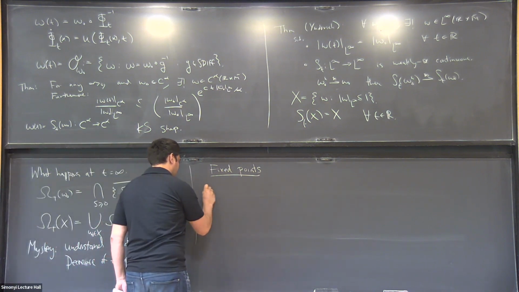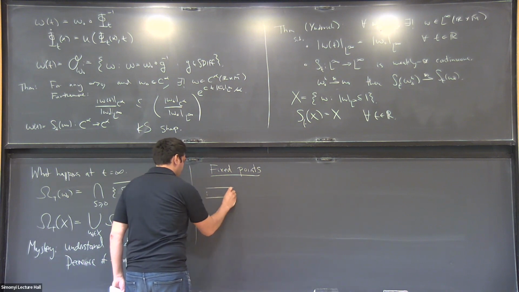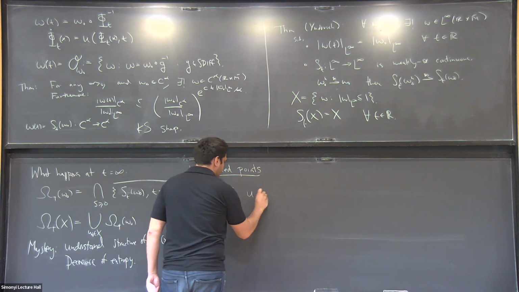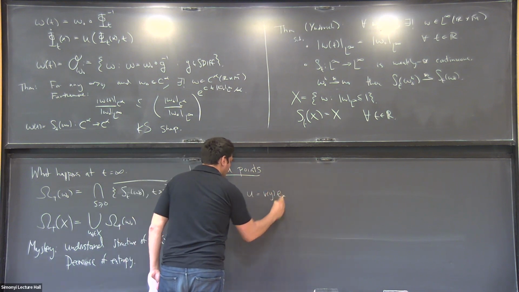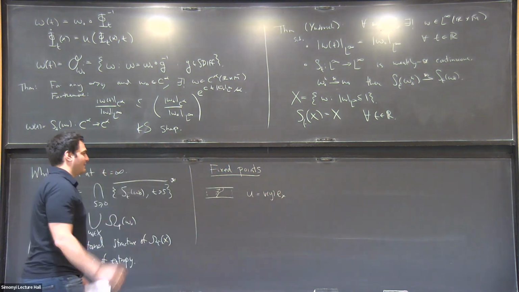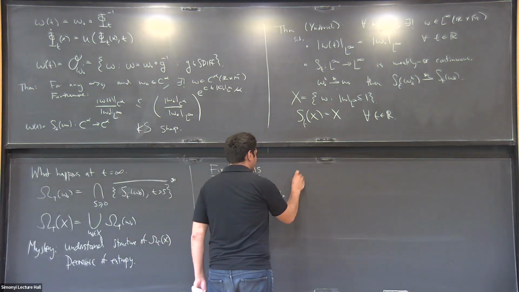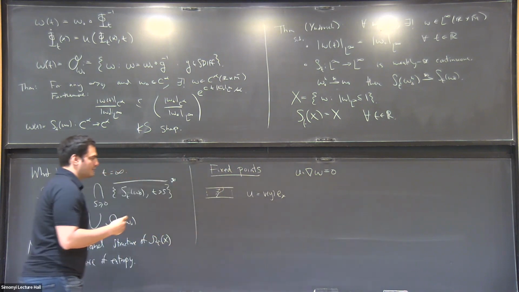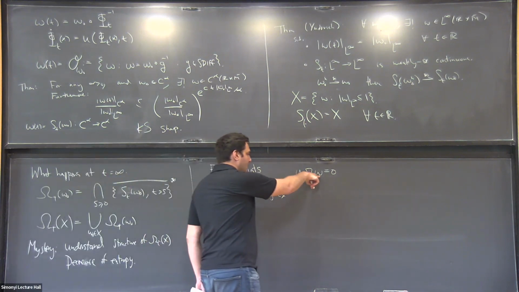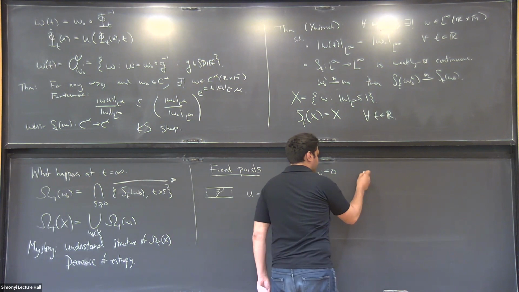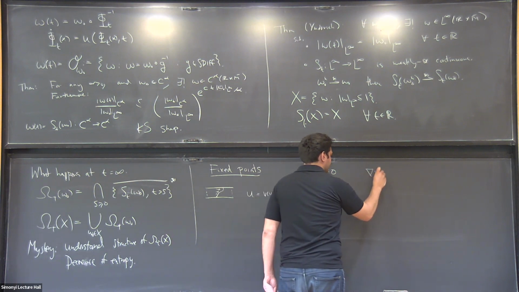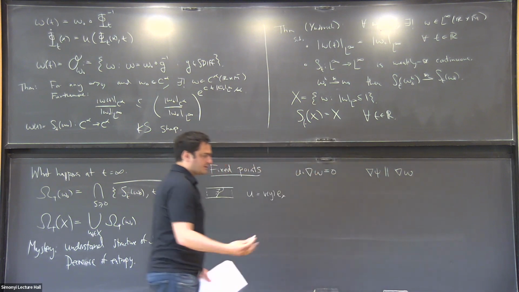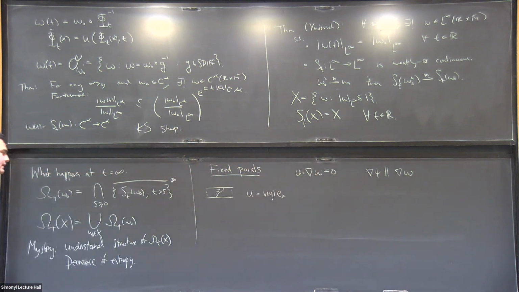I should actually start at the beginning, which is the condition for a fixed point: u is orthogonal to the gradient of omega. If you translate this at the level of the stream function, this says that the gradients of the stream function are parallel to the gradients of omega. That's the condition to be a steady Euler solution.